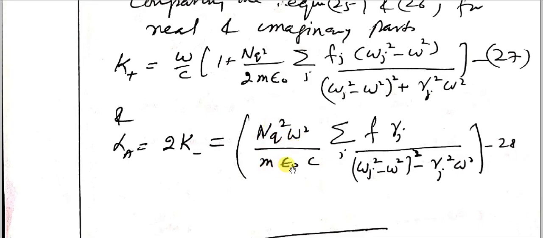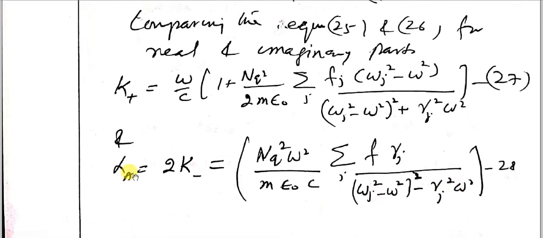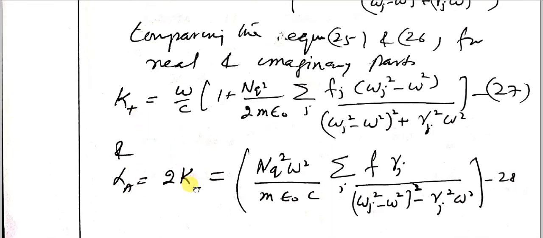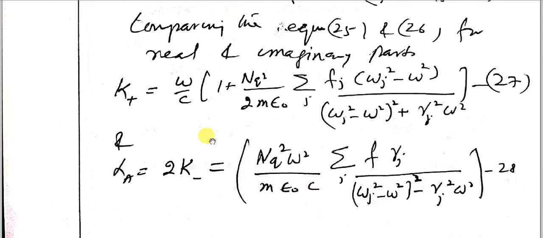We can see that the complex wave vector, with the k plus and k minus terms, is responsible for the dispersion. You can see the graphs between n and alpha, and these coefficients are drawn. You can study further and see that the dispersion takes place.